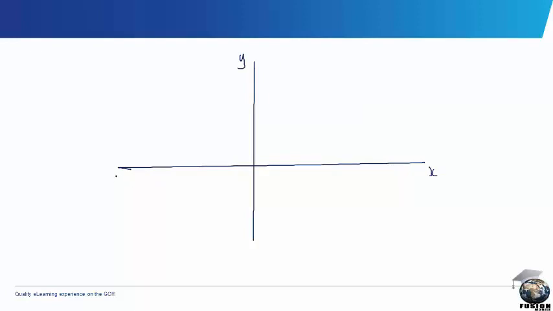Negative x here, negative y here, and here is our origin. We take values 1, 2, and 3, and from the origin we take values -1, -2, and -3.